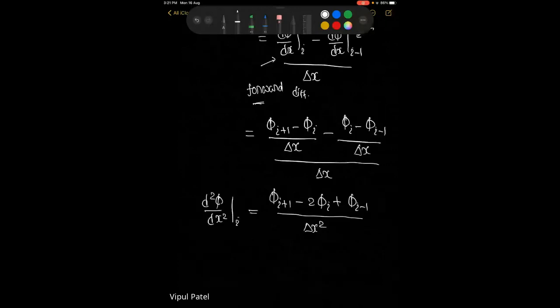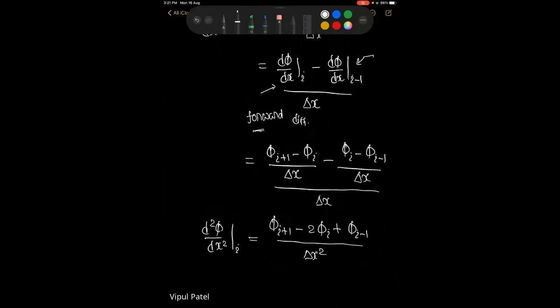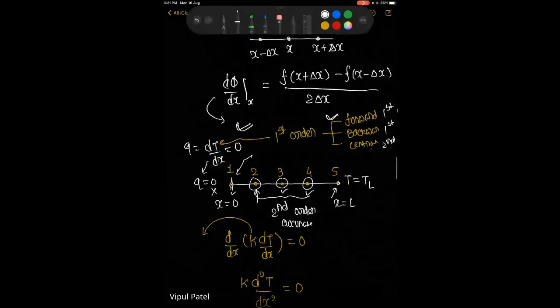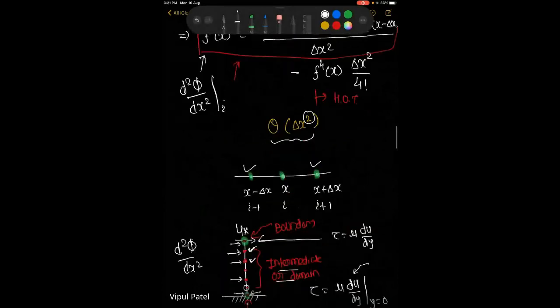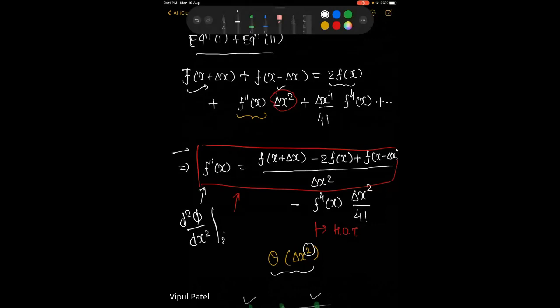Now if you compare this equation with the same equation which we derived by adding equation 1 and equation 2, let me go back to that particular equation. If I go back to this equation, this was my formulation, right? So this is nothing but phi i plus 1 minus 2 times phi i plus phi i minus 1 divided by delta x square.